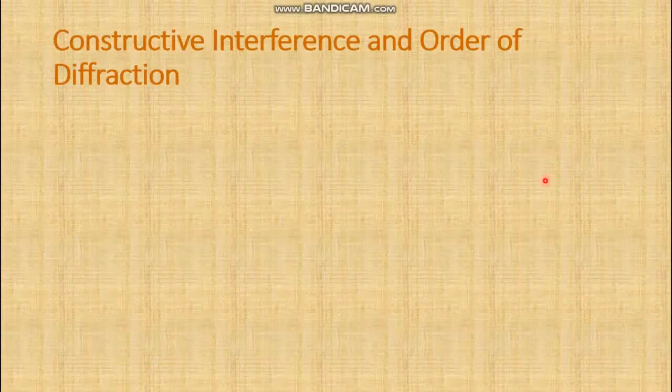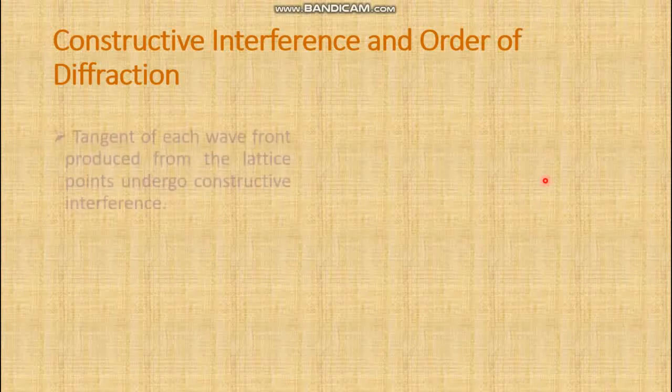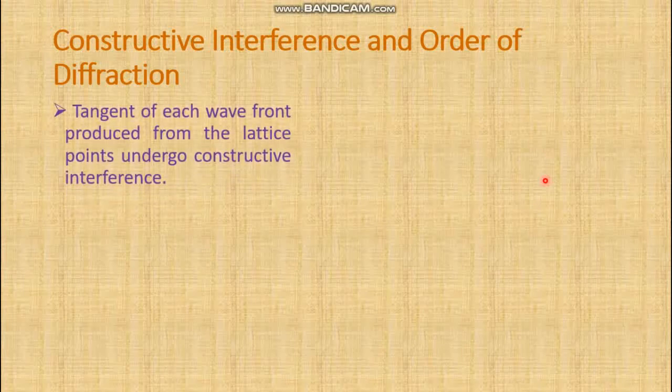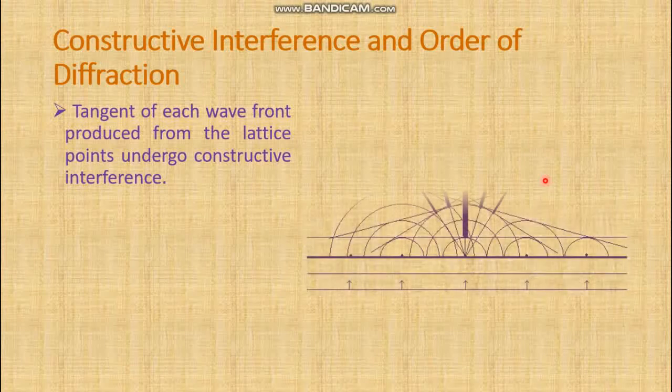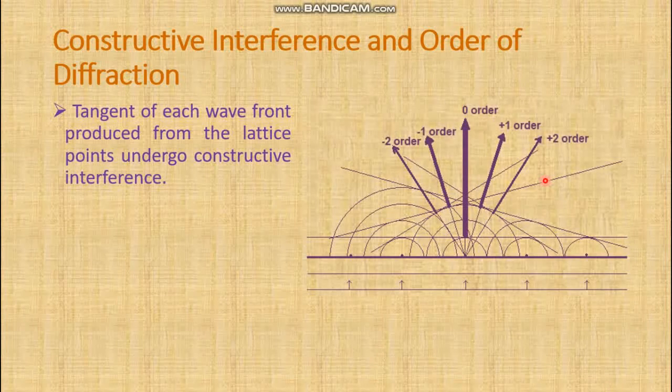So now let us discuss constructive interference and the order of diffraction. The tangent of each wavefront produced from the lattice points undergoes constructive interference. How? Let's have a look at this picture. These are the wavefronts of the incident X-ray, and these are the lattice points. This is a lattice point, this is a lattice point, this is a lattice point.